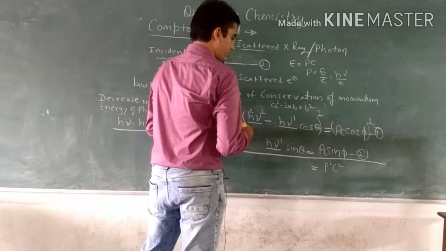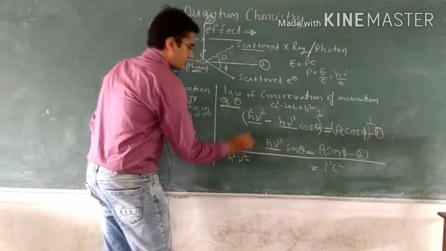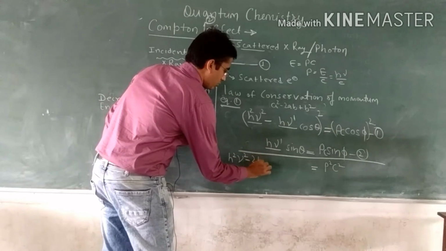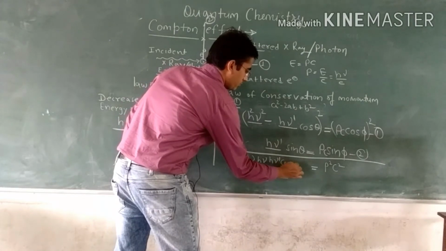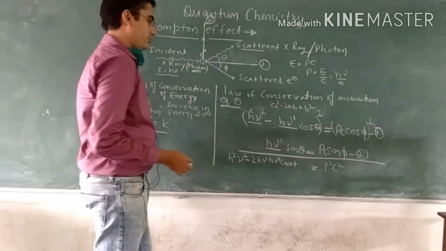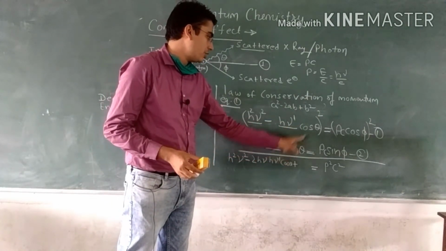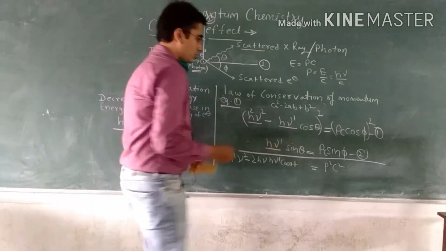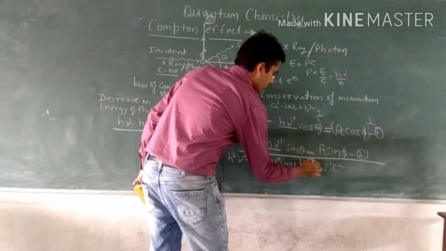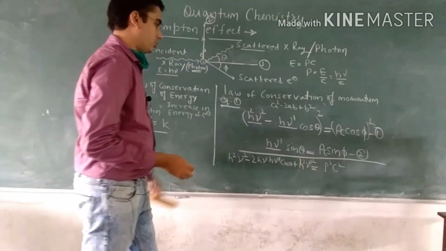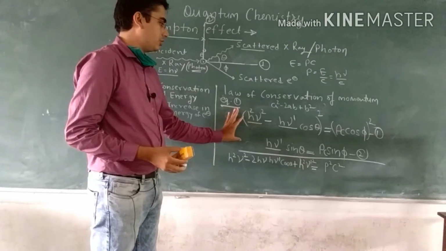So here we get h mu square minus 2 h mu h mu dash cos theta plus h mu dash square. And sin square theta plus cos square theta will become 1. So we get this final equation on summation of equations first and 2 after squaring.